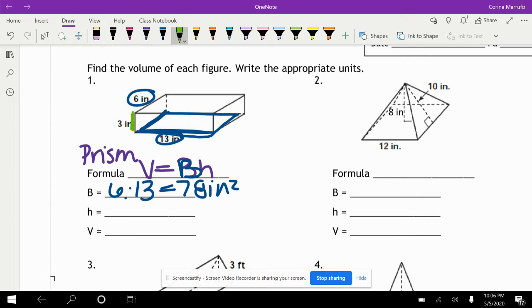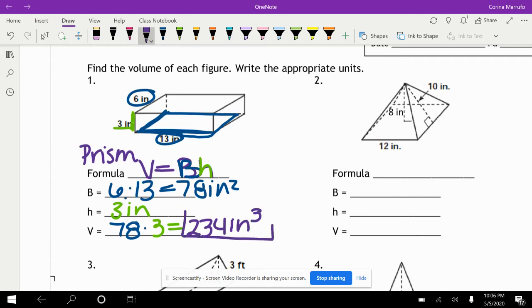So the height of our prism here is going to be 3 inches. So to get our volume, we're going to do big B, which is 78, times little h, which is 3. So when we plug that in our calculator, 78 times 3, that gives us 234 inches. And then since this is in the third dimension, it's going to be cubed. We took inches squared times inches, that gives you inches cubed.